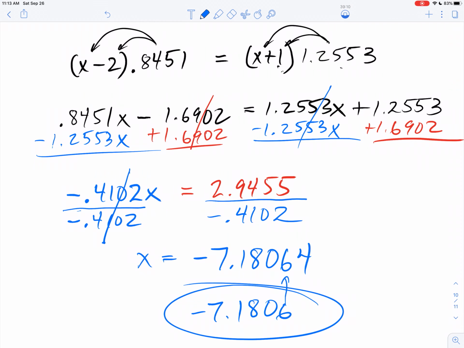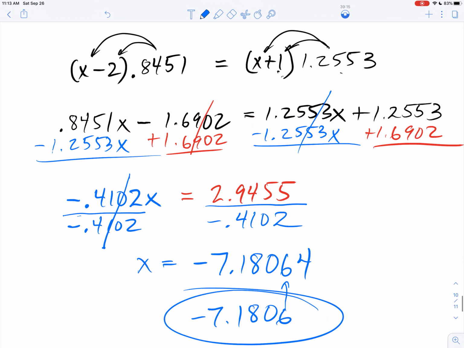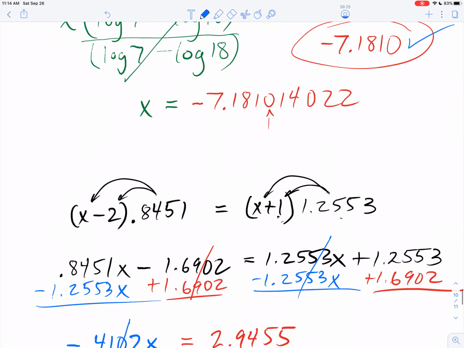Now, take a look. What happened when we did it without rounding? See, this answer is based on the fact that I rounded to the fourth decimal place. And this answer right here is based on not rounding. Well, take a look. Here's the thing.